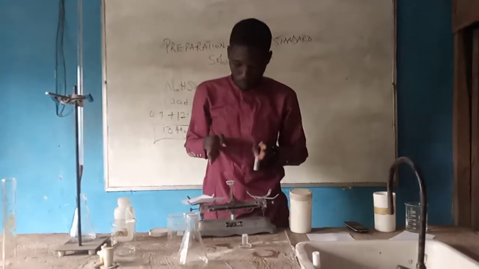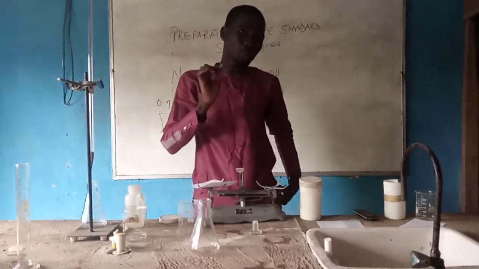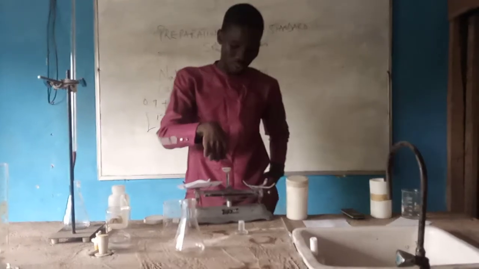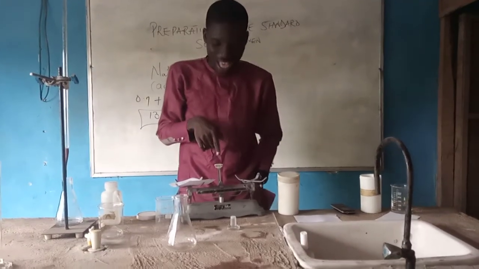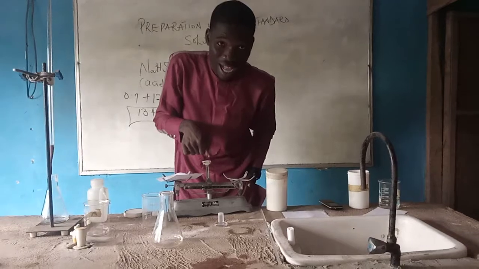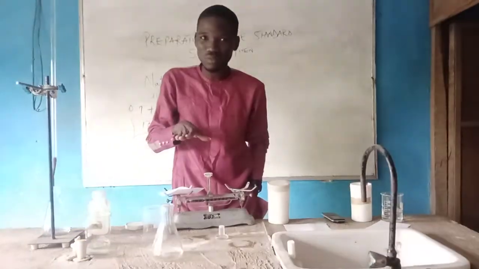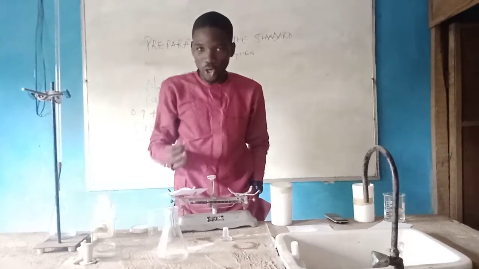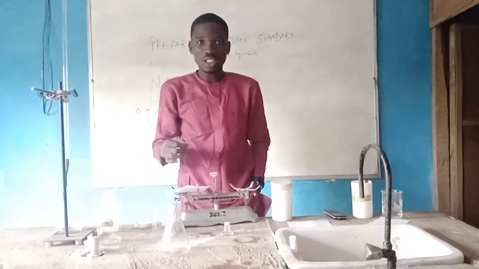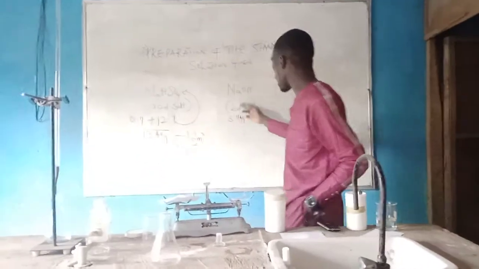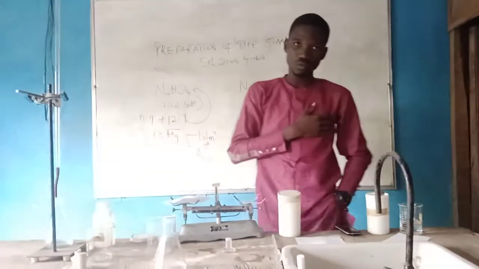So it's moving. So now our end point, as I told you earlier, is that this particular thing here must stop at this red mark you are seeing here, to show you that you have the complete volume of the complete value of sodium hydroxide given.